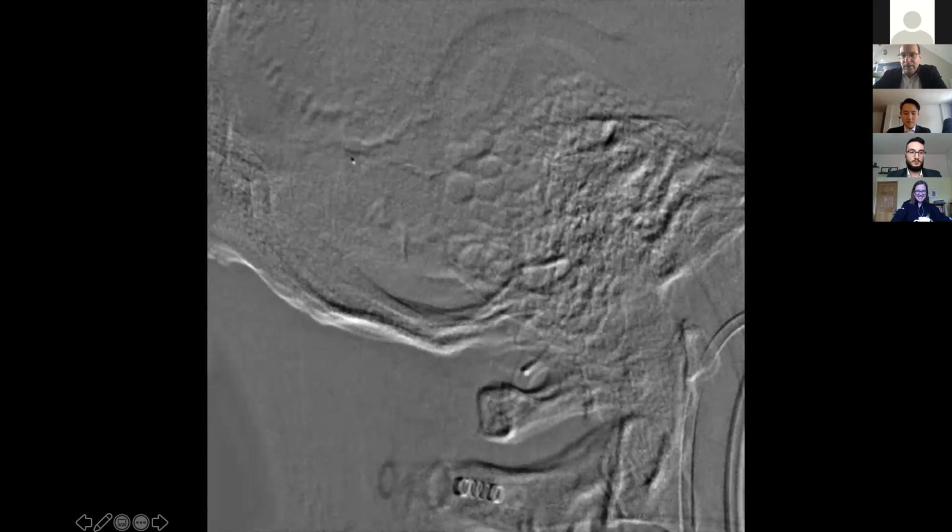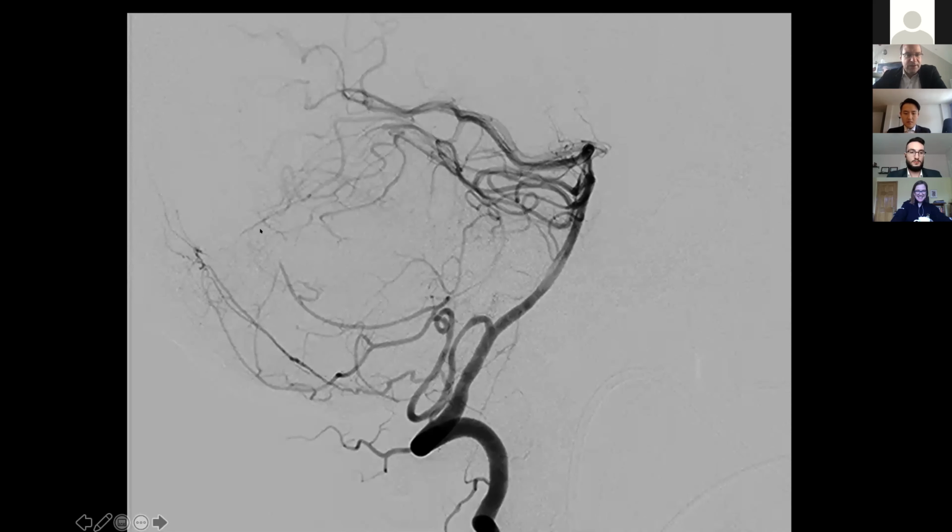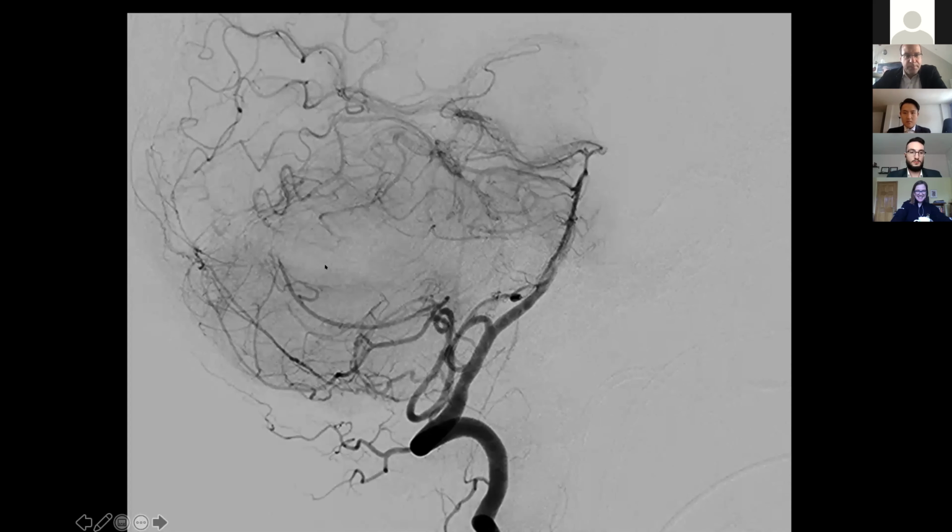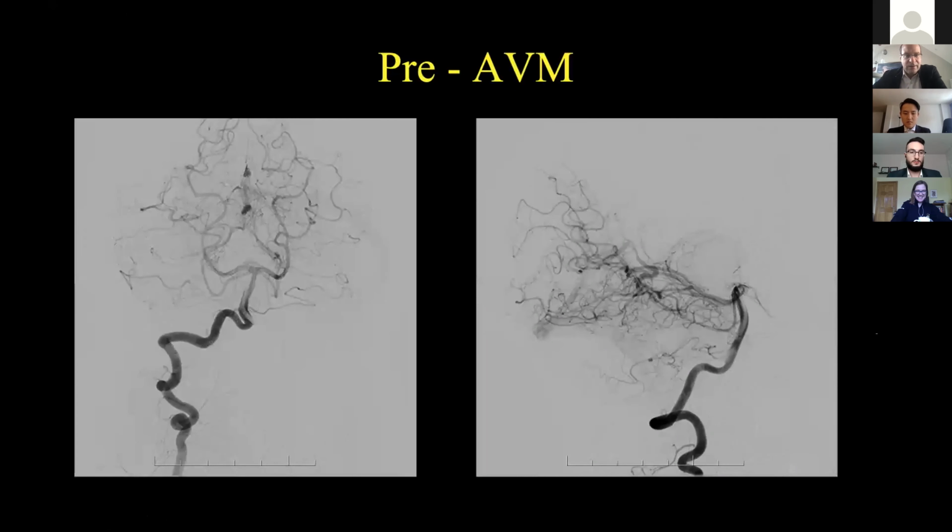And this is the follow-up of the same patient. The abnormal tangle of vessels is gone, and all the normal arteries are still there, and the patient did very nicely.